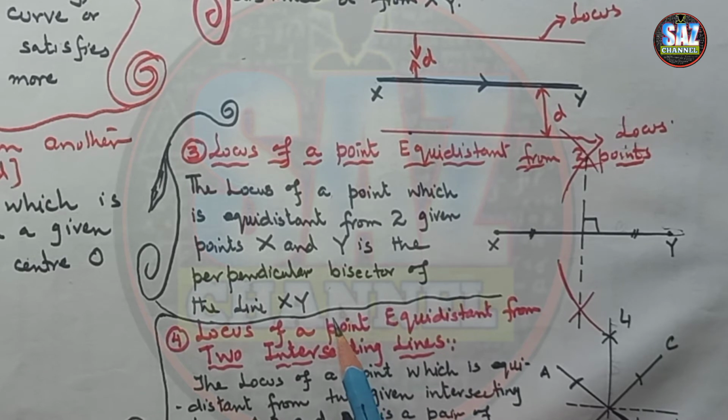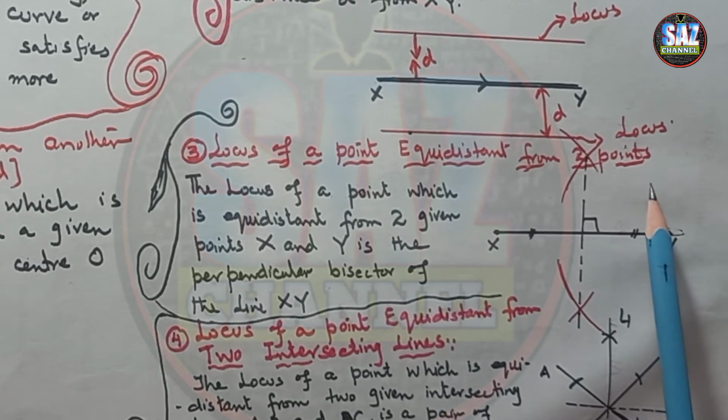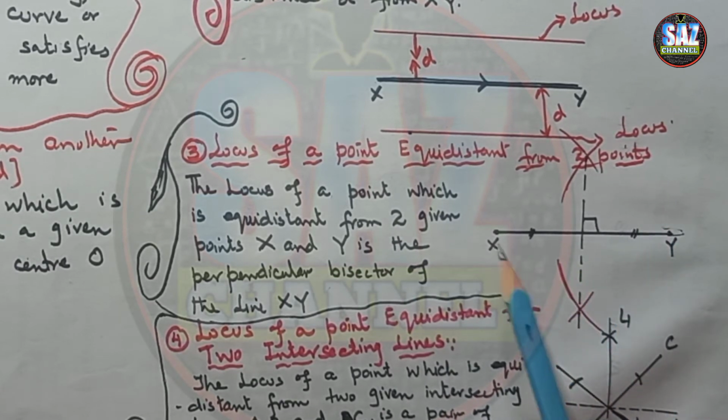So when the question says construct the locus of the point which is equidistant from two fixed points, we have to construct the perpendicular bisector. The procedure of construction of the perpendicular bisector I will teach you in the next class. So you must watch all those basic lessons clearly, so that you can attempt the exercise easily.